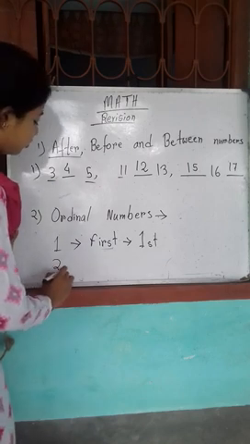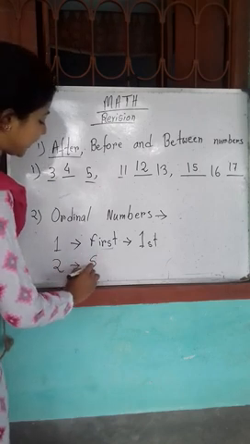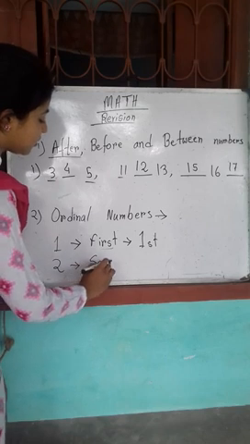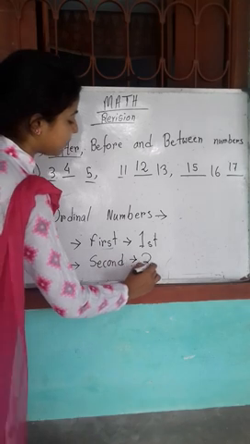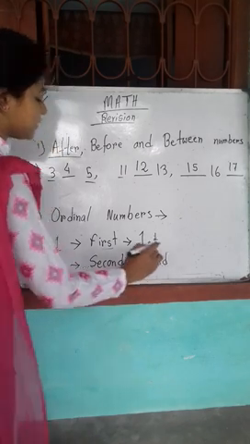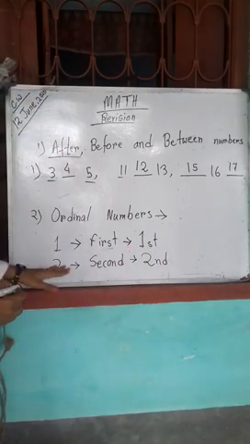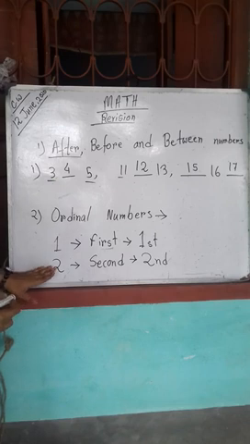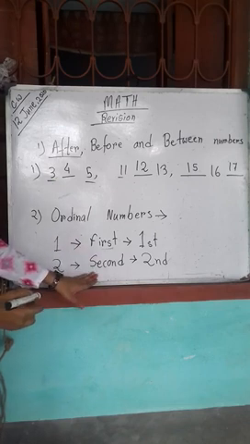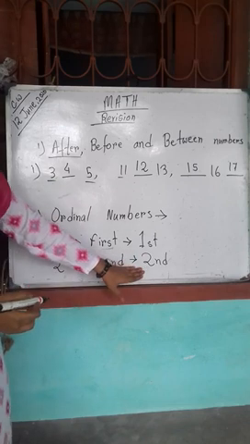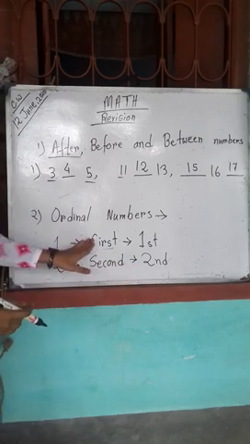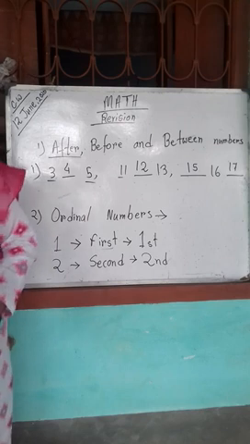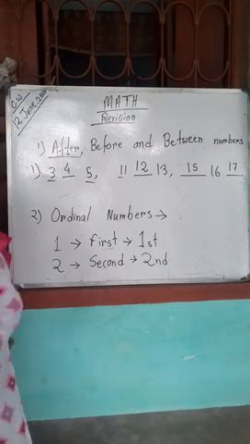Like for 2, we will say second, and we can write that number like this, 2nd. So these are numbers, these are orders and these are ordinal numbers. Understood that?